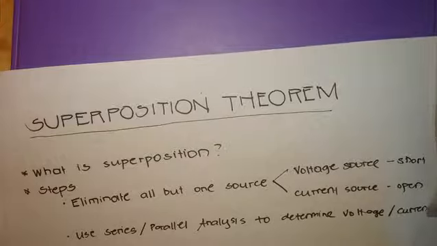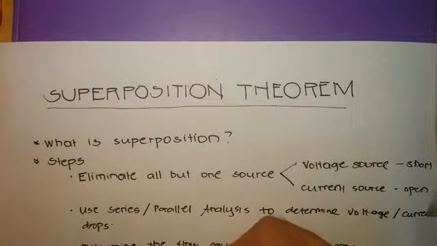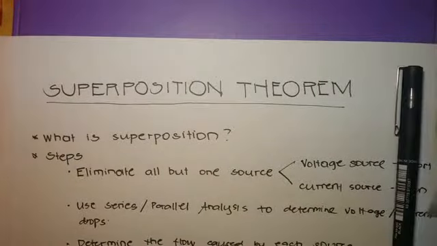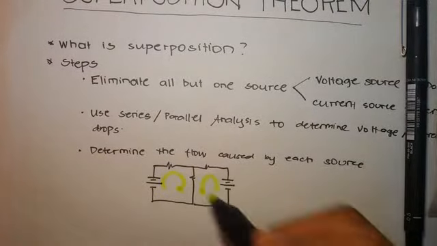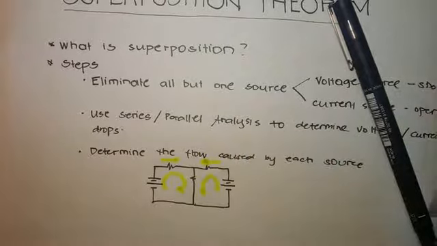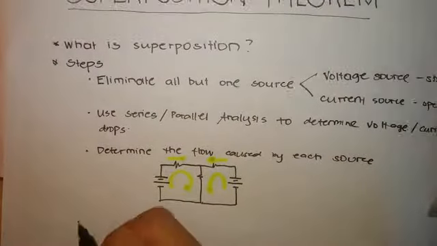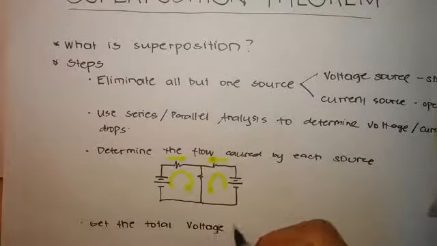So step number 3, determine the flow caused by each source. In this way, you will now be able to know how each source affects all the electrical components, which can be really helpful in solving the problem. So step number 4, get the total voltage or current.